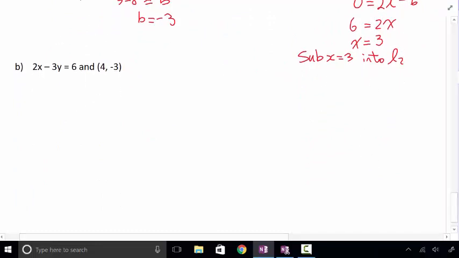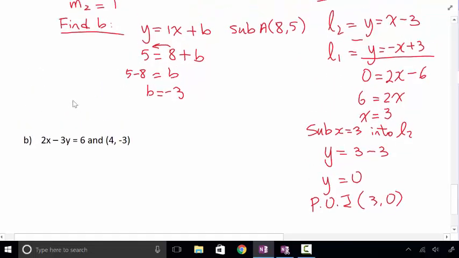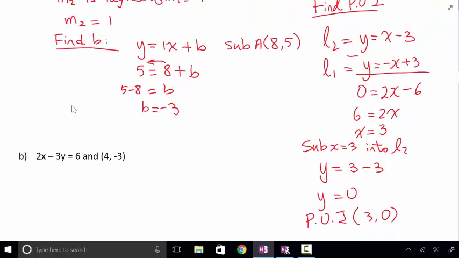So that is going to give you y equals 3 minus 3, which is 0. So the point of intersection is 3, 0.